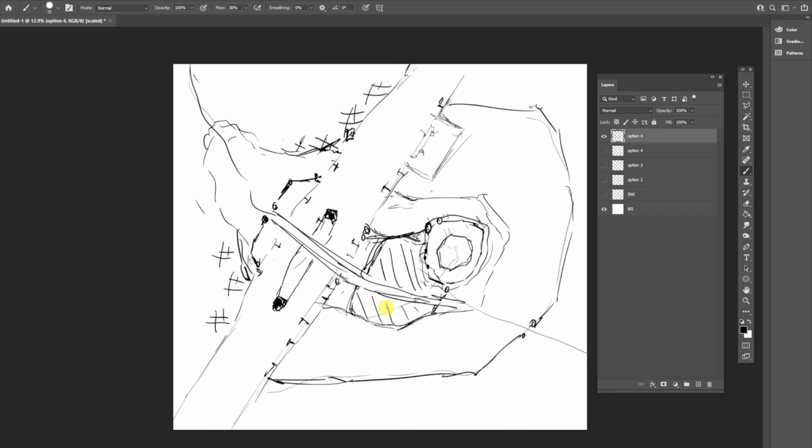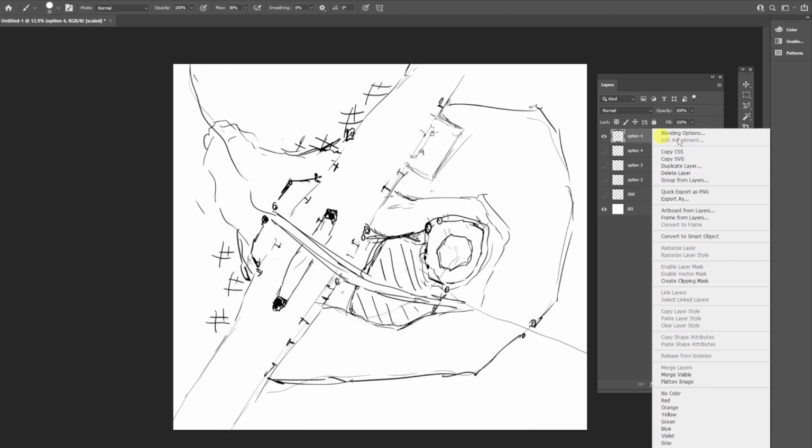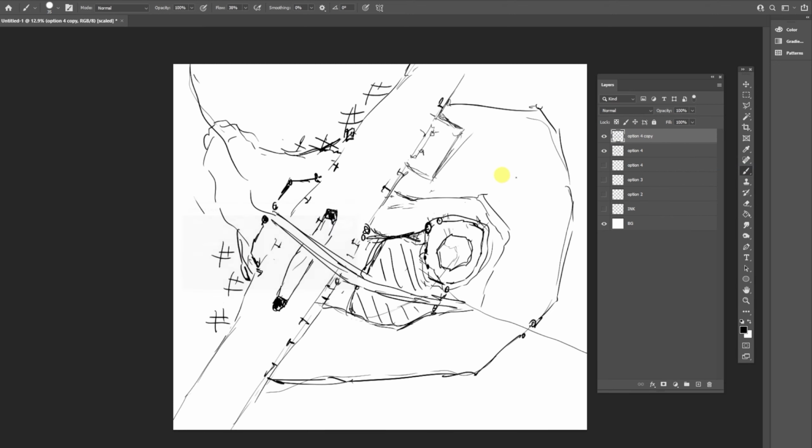We could also, honestly, take this. Let's duplicate the layer here. Let's turn that one off. We could reduce this down. Maybe even, what if they had some kind of island here?